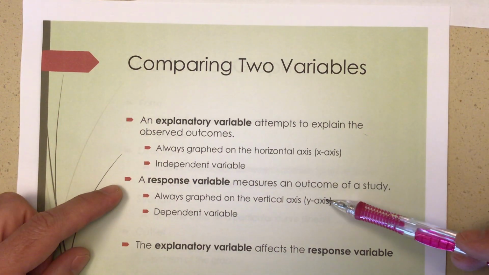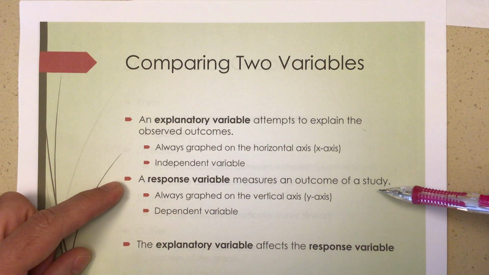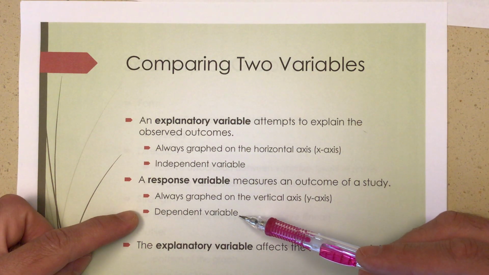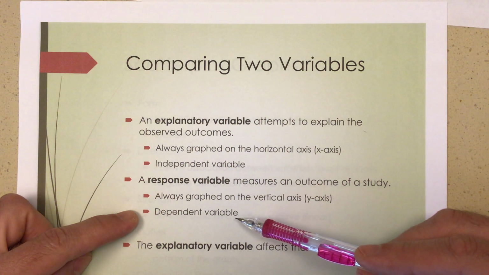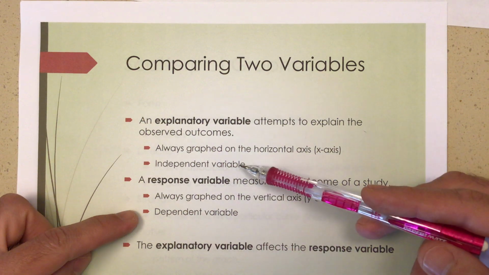All right, now my y variable is called the response variable. Okay, it goes on the vertical axis, and it is referred to as the dependent variable because in theory, its change is depending on the independent variable's change. So a very common thing would be to see time as your independent variable.